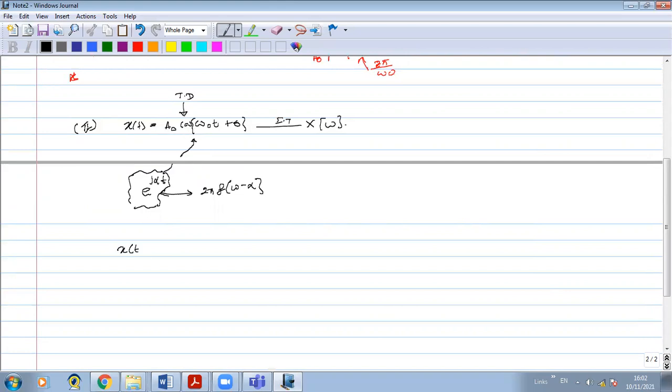So you have x(t), and you can use the Euler formula for this cos function.